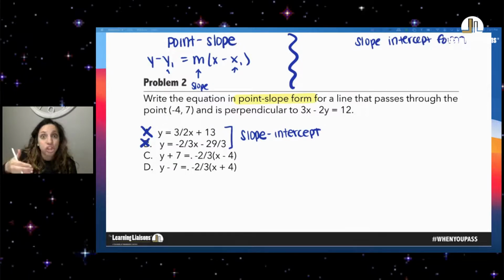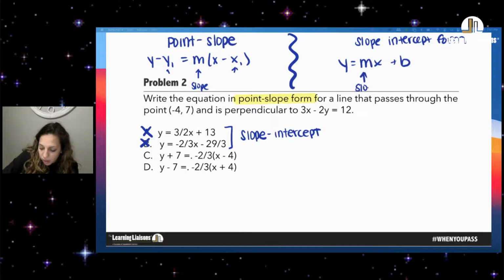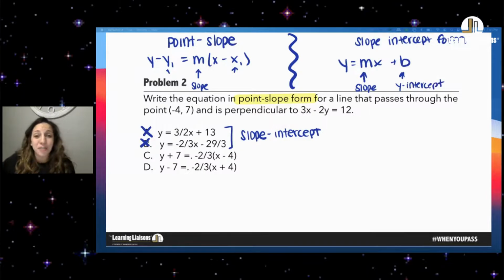It gives you a slope and an intercept. So it's y equals mx plus b, where m is your slope and b is your y-intercept. Mathematicians really aren't that creative when they name things. Point slope form gives you a point and a slope. Slope intercept form gives you a slope and an intercept. Crazy, I know.